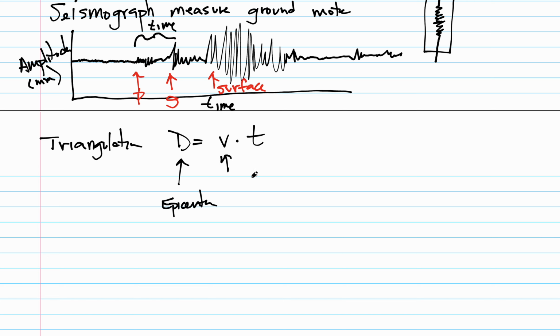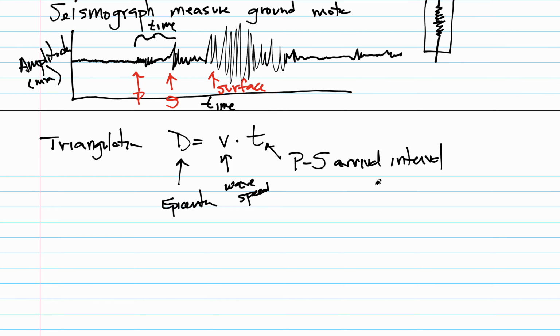The V, this is our wave speed of P waves and S waves, and T is the amount of time in seconds between the P and the S wave interval. So let's say P minus S arrival interval. And by using the seismograph, we can get a number here of like 700 kilometers or 500 kilometers.